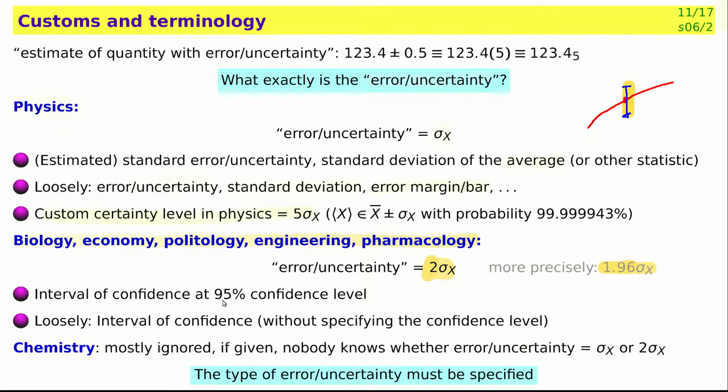By the way, in English, Mr. Gauss was German, so I read it Gaussian. In English-speaking countries, it's often pronounced Gaussian, but I believe it's not appropriate. We should pronounce it as it is in the original country.